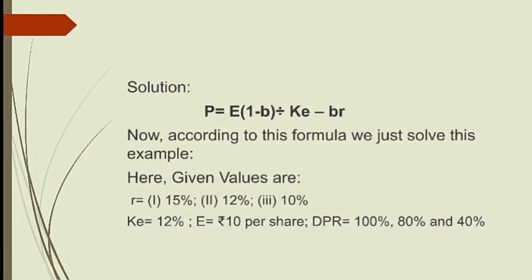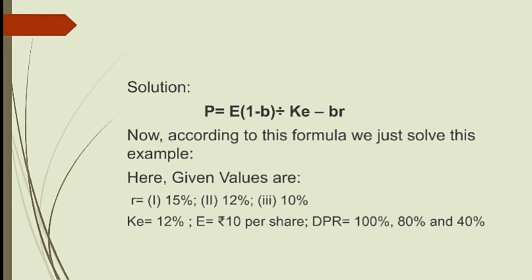As we know, the formula of the Gordon model of dividend policy is P equals E multiplied by 1 minus B, divided by K minus BR. B is the retention ratio for a particular firm, that is, how much the company is going to retain in the business.